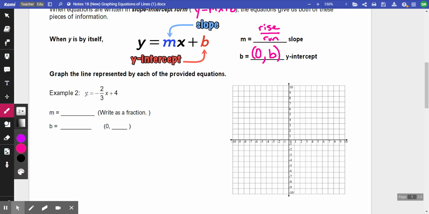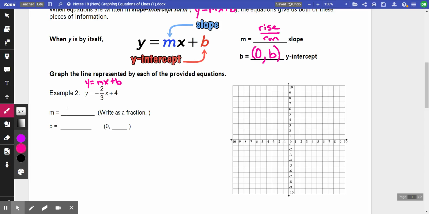So here we have an equation that solves for y, so our dependent variable is by itself. y equals negative 2/3 x plus 4. If I write the formula on top of it, y equals mx plus b. The number in front of x, m, is my slope of my line.